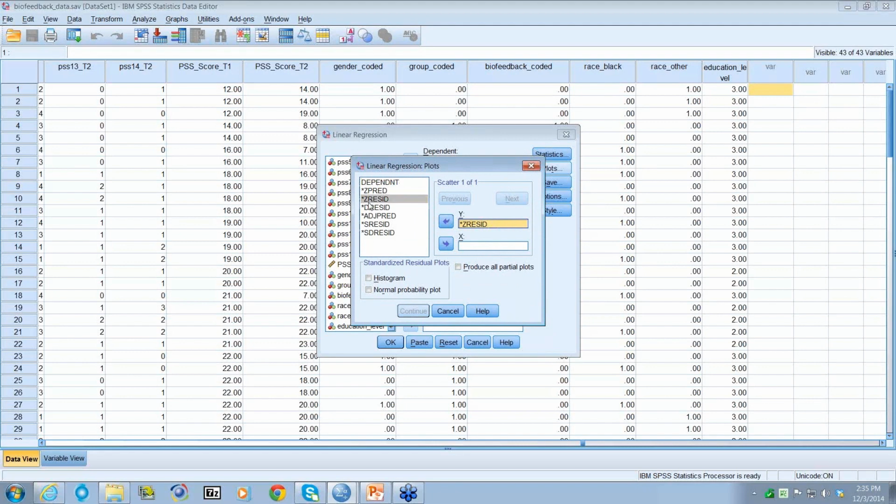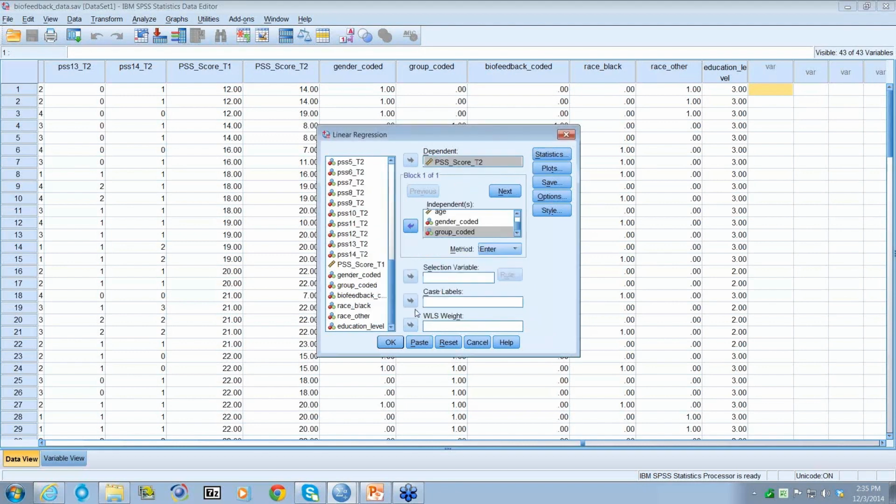This means standardized. These are the numbers that have been standardized. So you have a Z score, and that's why they have that little Z in front. And then I want to put Z predicted. I want to make them my X. And I want to look at a histogram. And I want to look at the normal plot too. And that'll help me to see that my model was a good fit, that my errors were basically equal, and you'll see how that works.